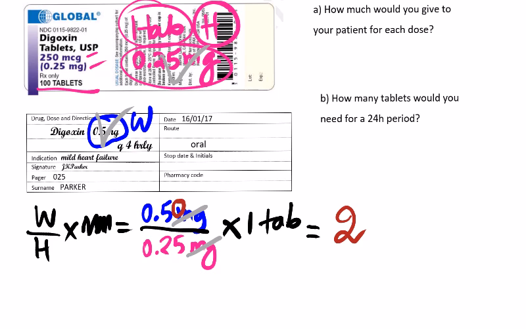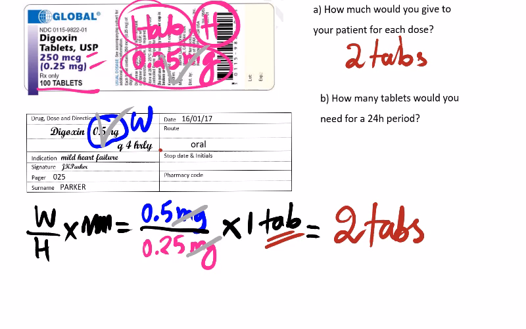We can go to the calculator and simply enter 0.5 divided by 0.25 times 1 equals 2. 2 what? 2 tablets. So that answers our question, the first one. How much would you give to your patient for each dose? 2 tablets. Because that's what we have here for each dose.